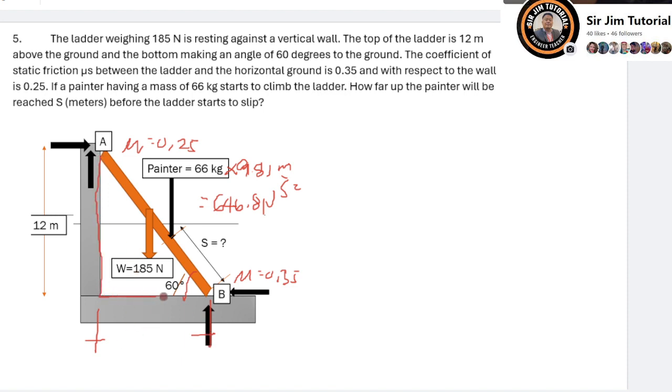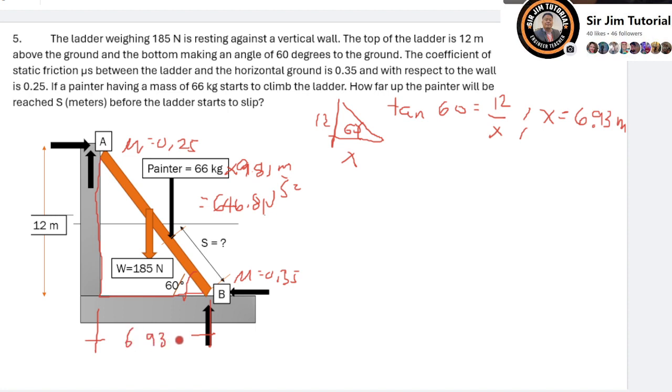I'm going to draw it here. This is 60. This is 12. If this is x, tangent of 60 is just opposite 12 over x. Therefore, using your calculator, we can compute x is equal to 6.93 meters. So we have here 6.93 meters.